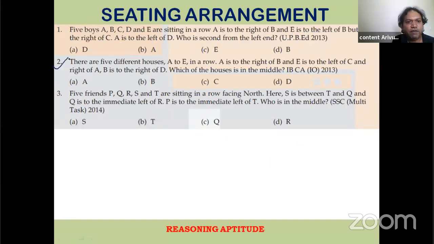So question number two, there are five different houses, A to E, in a row.